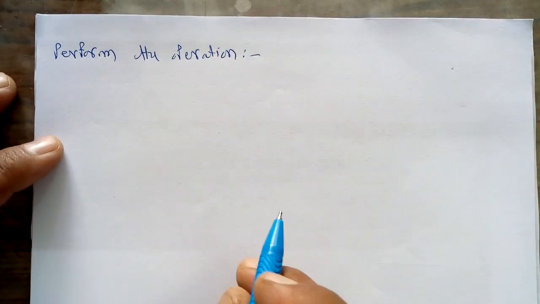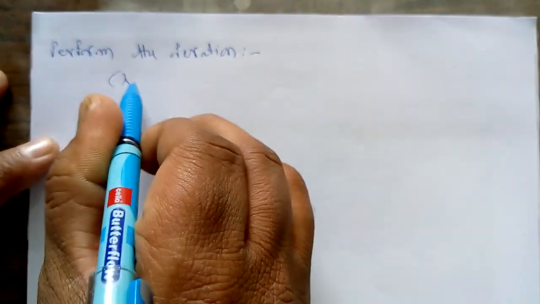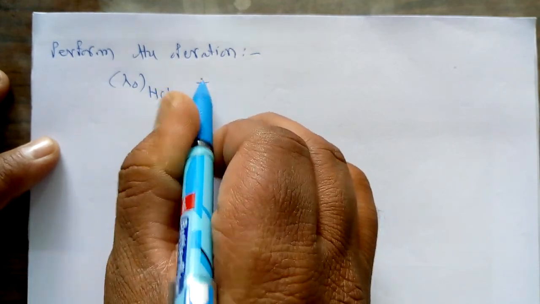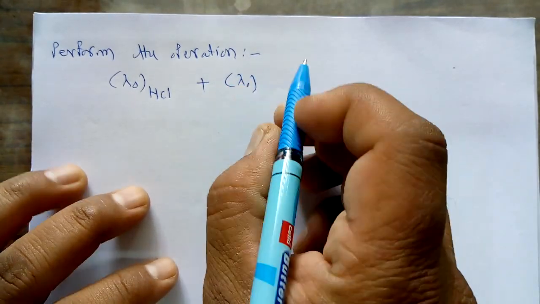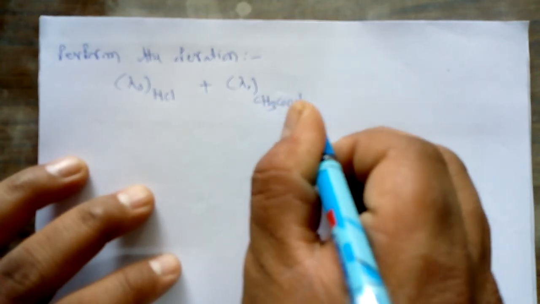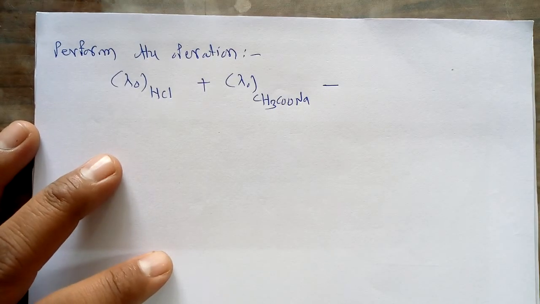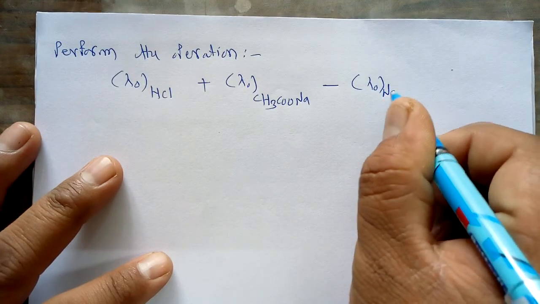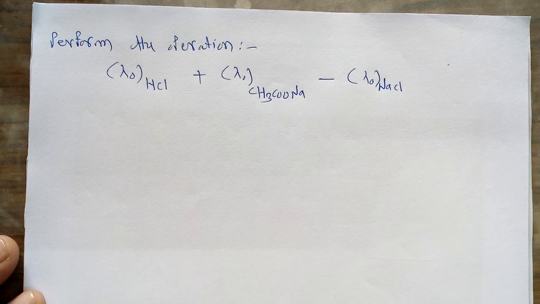We have to add together the lambda 0 for HCl to that of the lambda 0 for the second strong electrolyte, that is sodium acetate, CH3COONa, while we have to subtract the lambda 0 for one of the strong electrolytes, lambda 0 for NaCl. So this type of simple arithmetic operation we have to perform here.